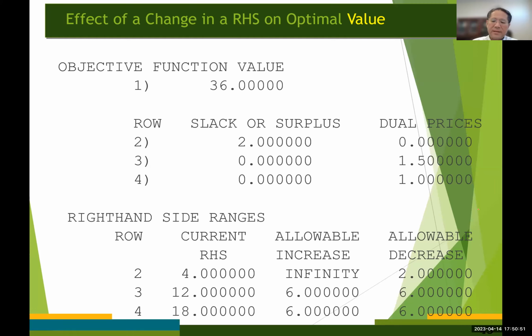So in this case, the increment of 6 is still within the allowable increase limit, which is 6, right? So we may say that the objective function value will be improved by 6 times this much. So the objective function value becomes 36 plus 6 times 1.